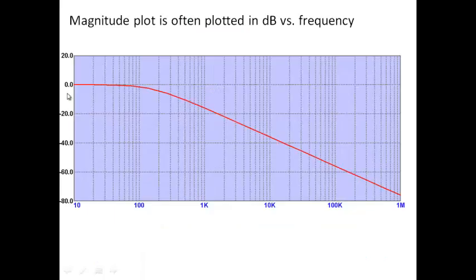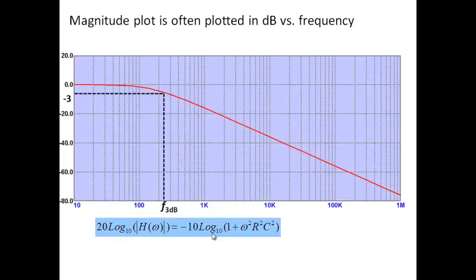And then we can see clearly that this particular RC filter has 0 dB gain, and there's a frequency at which the gain of the RC filter's response falls by 3 dB.